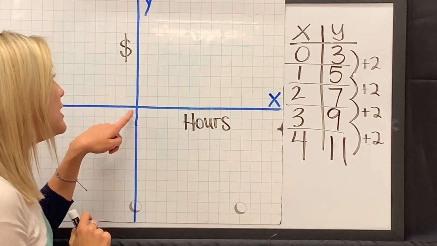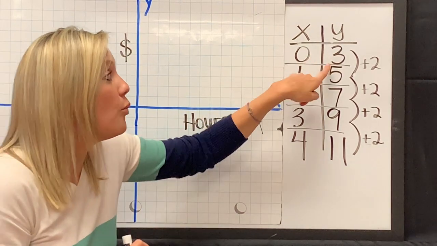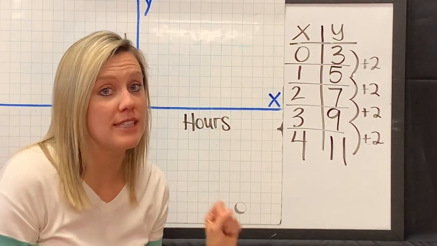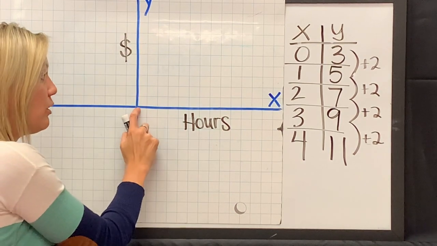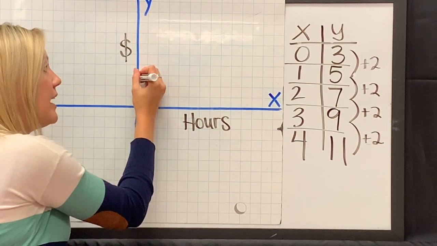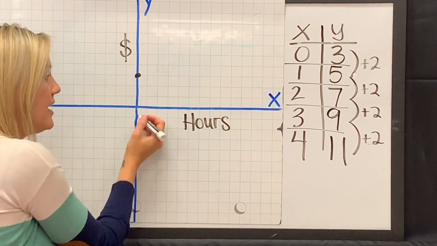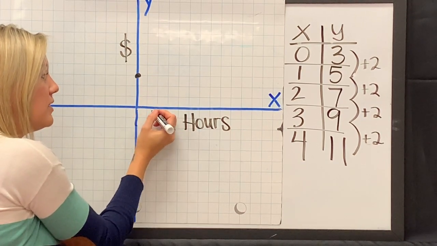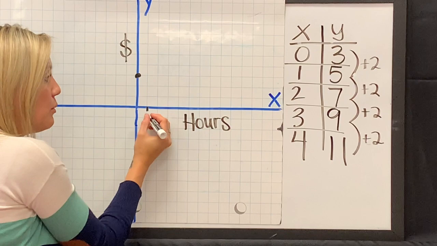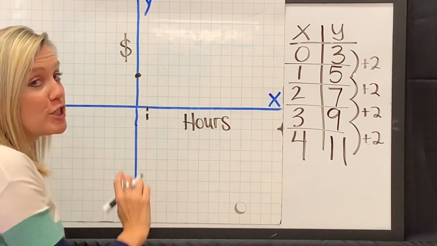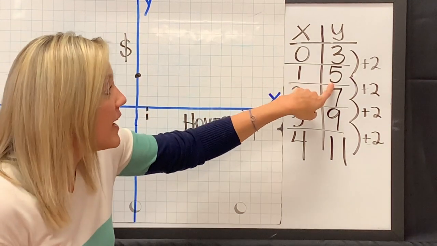Okay, so after 0 hours of working, remember, we had that $3 in our wallet already. So at 0 hours, I'm going to go up to 3, and I'm going to put a point. Now, after 1 hour worked, and this would be our first hour, I would have $5 total.